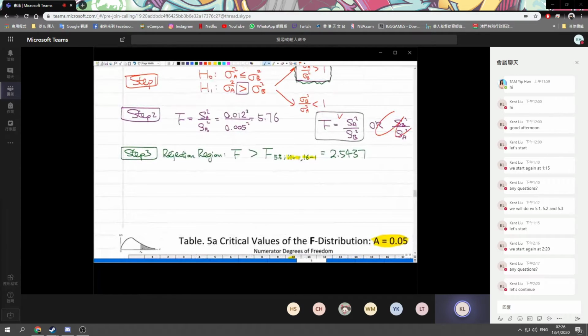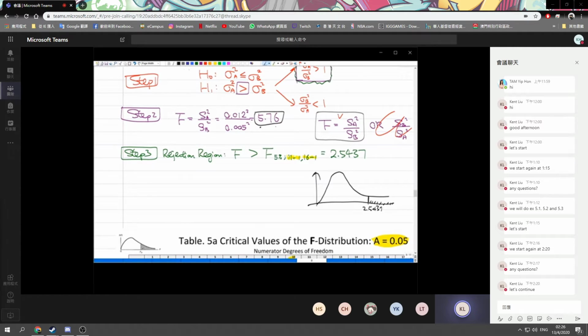We are almost done. Next, you check whether your test statistic falls into the rejection region. Here is our rejection region, and our test statistic is 5.76. So it certainly appears in the rejection region.